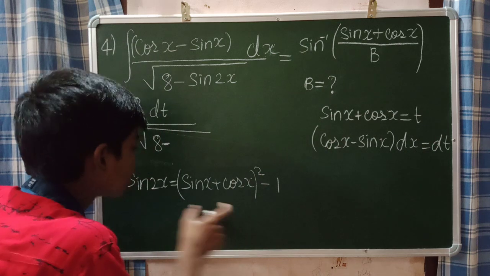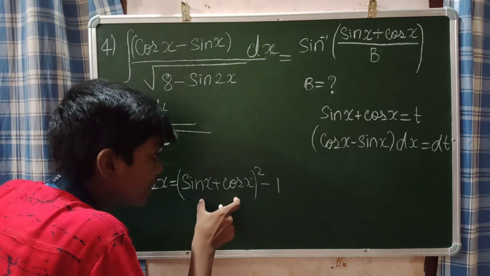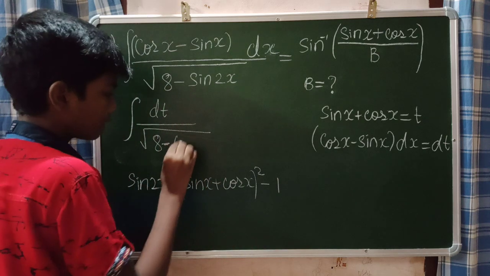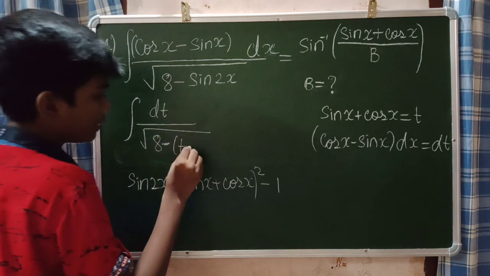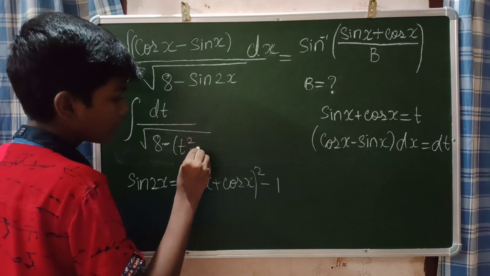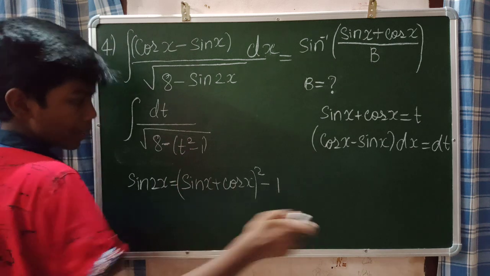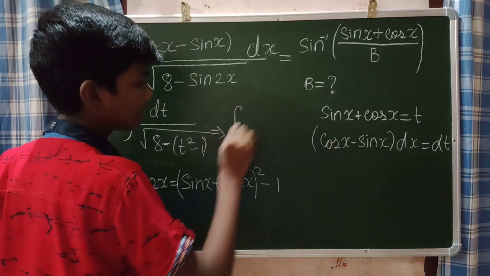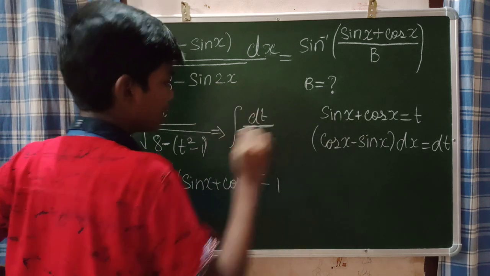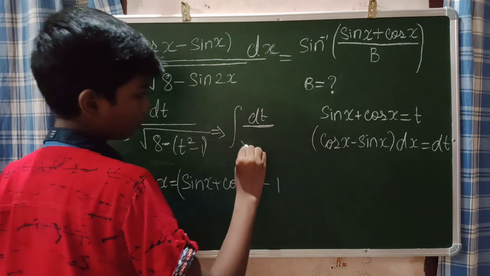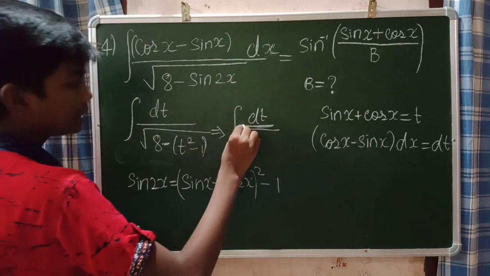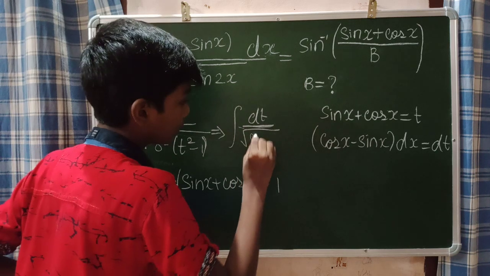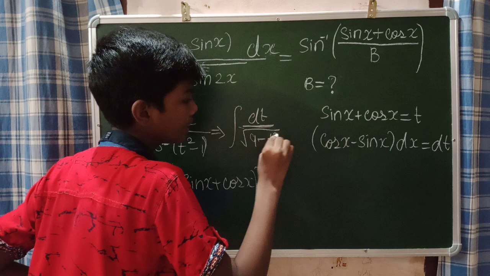That is t. So sin 2x will be equal to t square minus 1. Now, guys, do your basic simplification and convert into this form, which is dt divided by root of 8 minus t square minus 1, which can be written as 9 minus t square. So that's what I did.